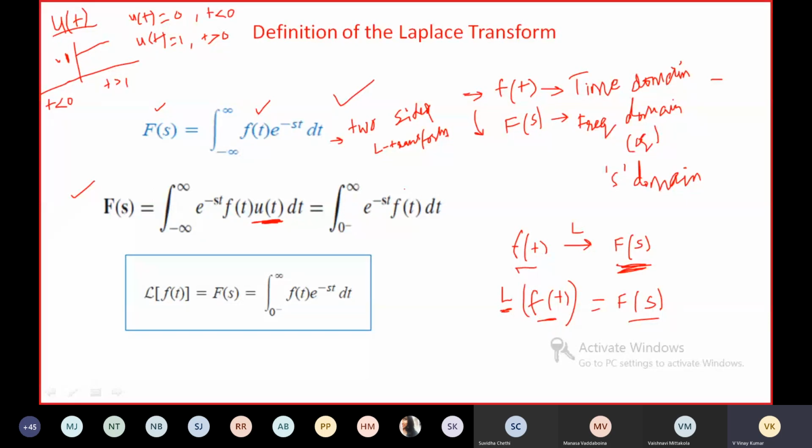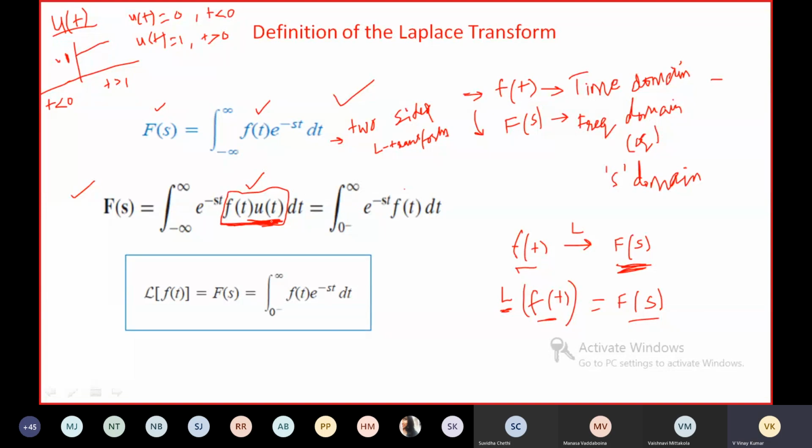When you include this u of t here, the function is actually f of t u of t. You are converting this function into S domain. So f of t u of t means this function is defined only for positive values of time.